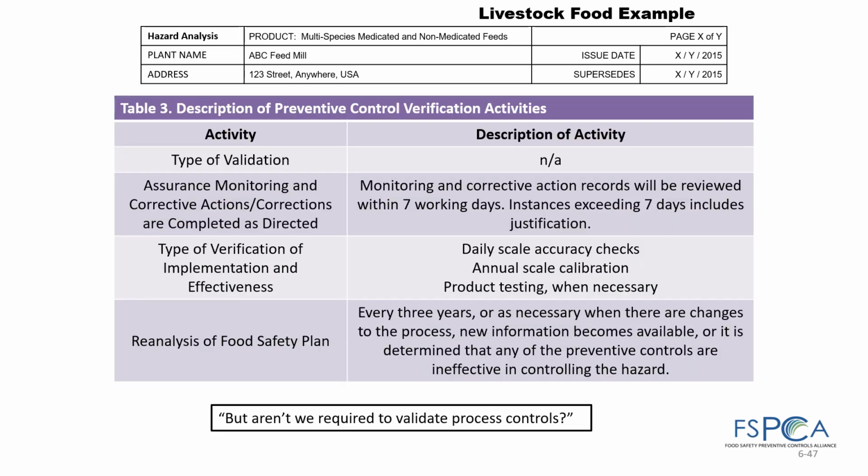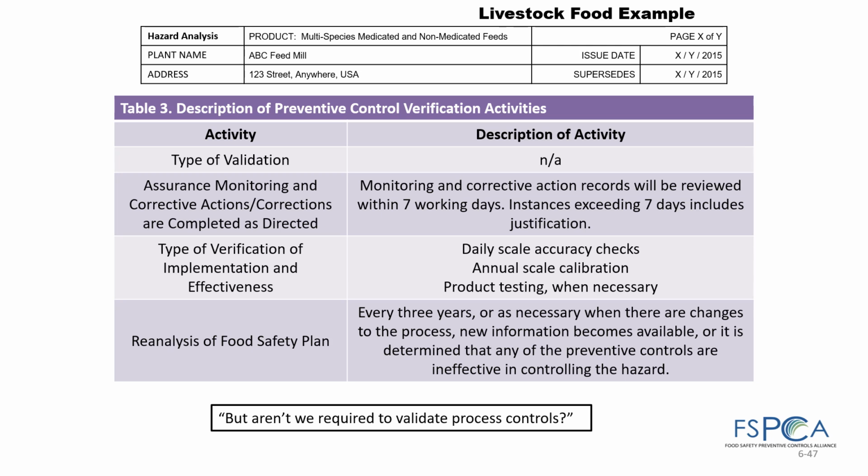Here's an example of table 3. We separated this out from the other table to address the specific management component of verification. I think mostly just because there are several different parts of verification. So the first section in here, the first type of verification is validation. Well, take a look at this.